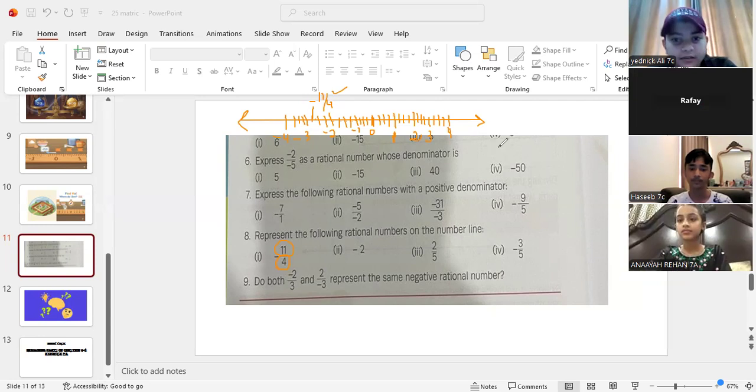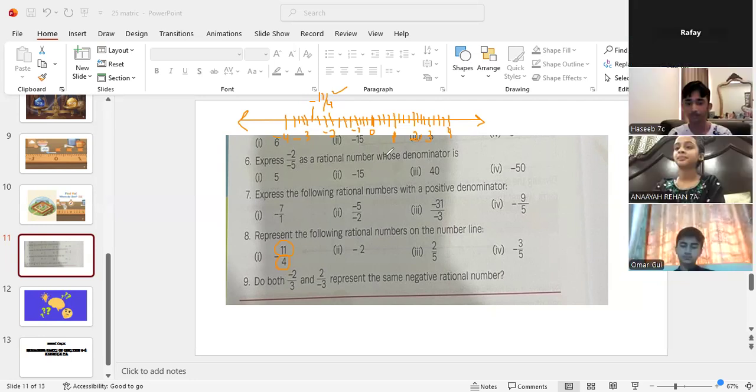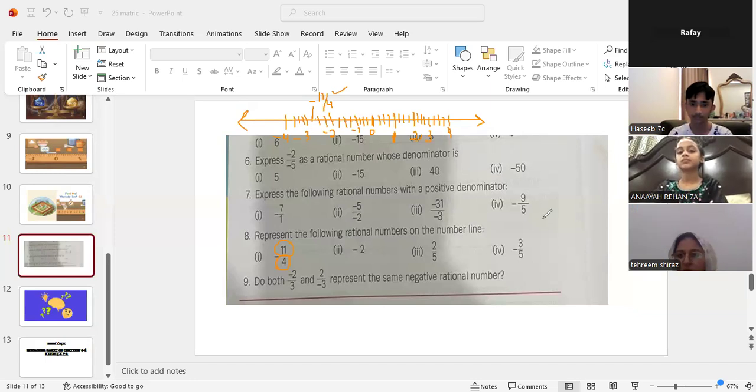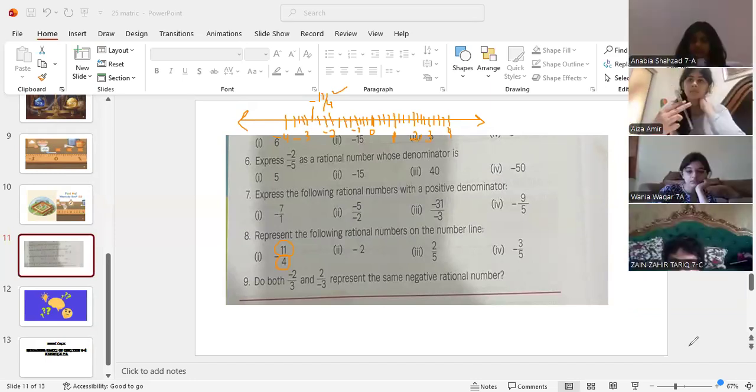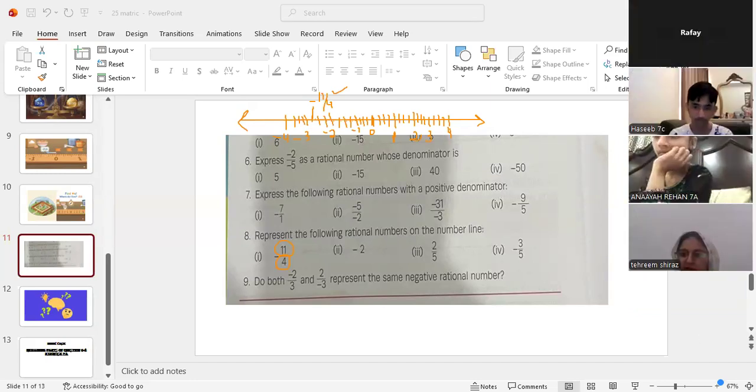Ma'am, question number 8 and part 1. Do you have any idea about the number line? No, ma'am. Okay, then please hold on. Let me ask the others as well, then I will answer you. Yes, Anaya.